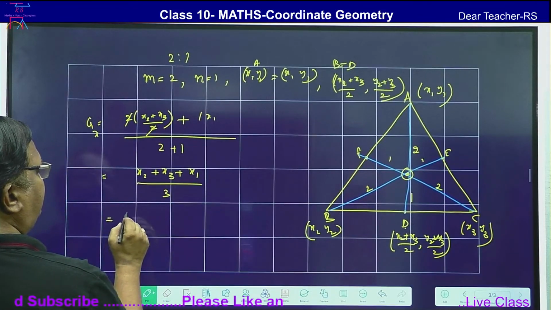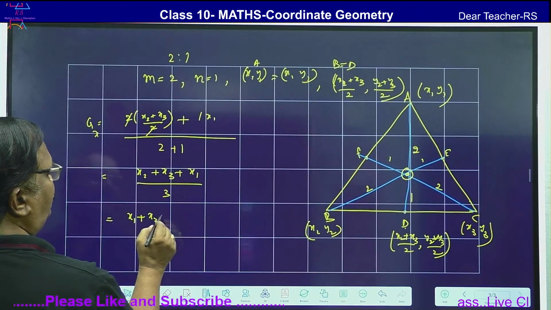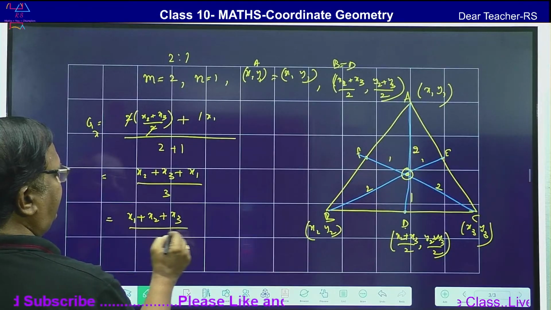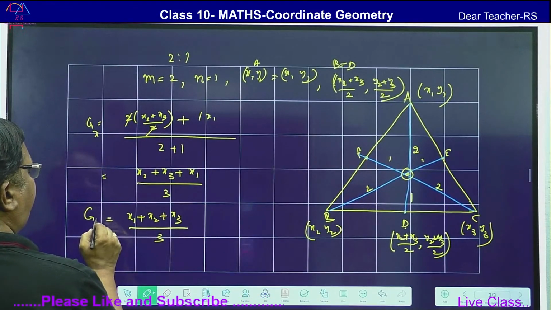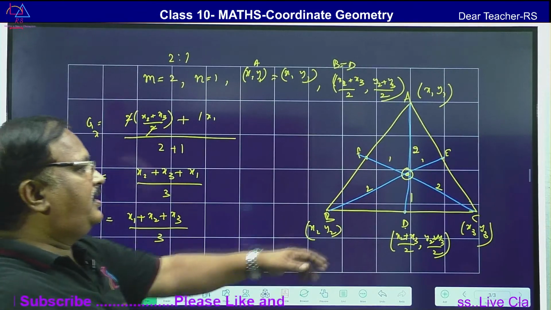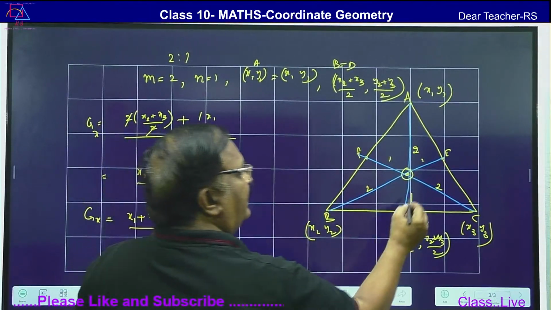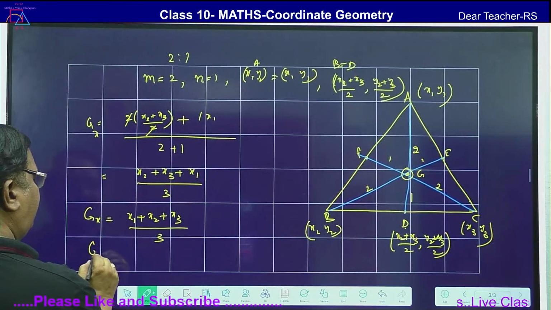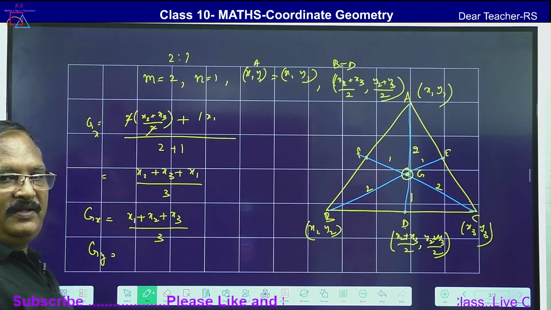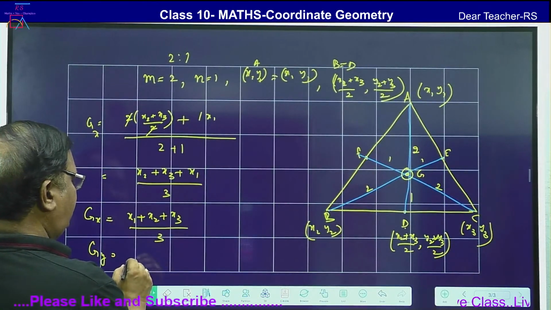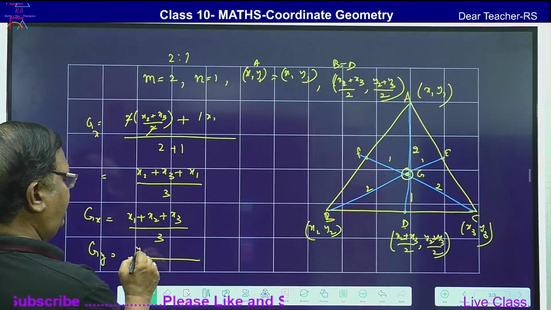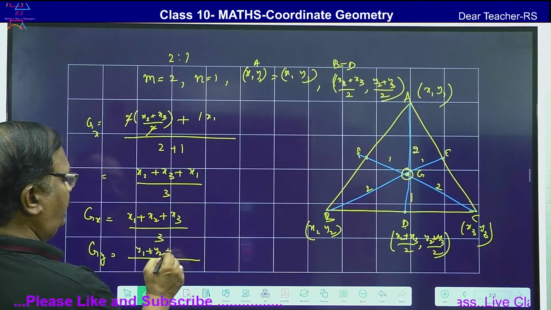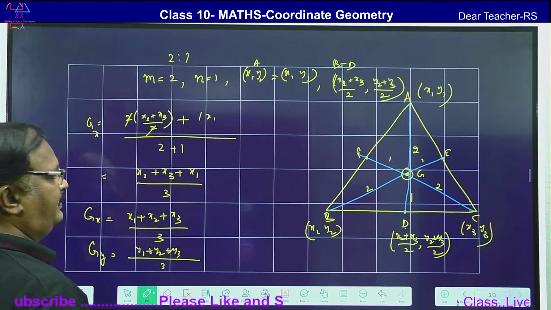This is nothing but x1 plus x2 plus x3 by 3. So this is gx. Similarly, gy is y1 plus y2 plus y3 by 3.